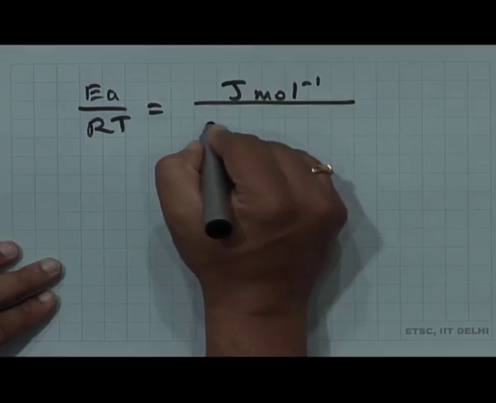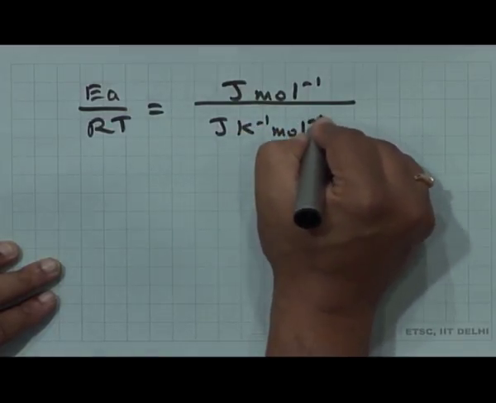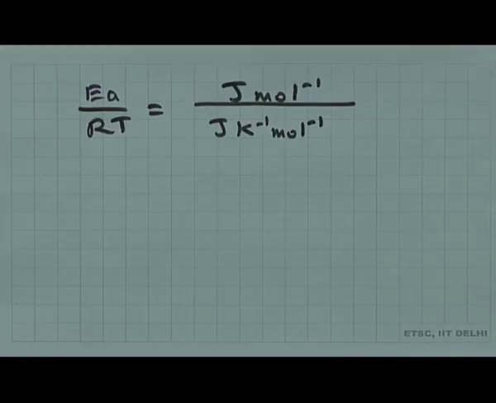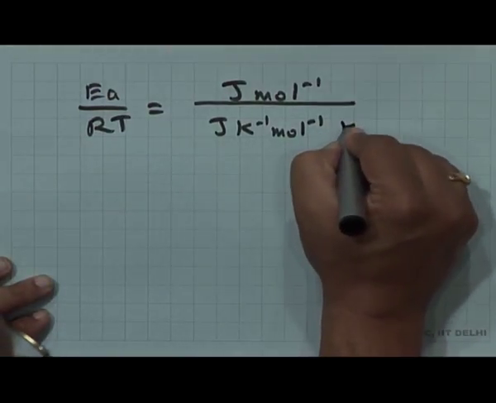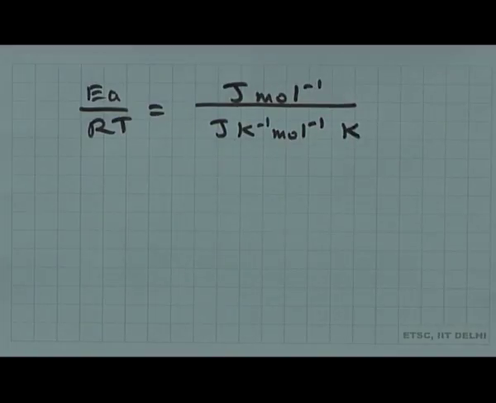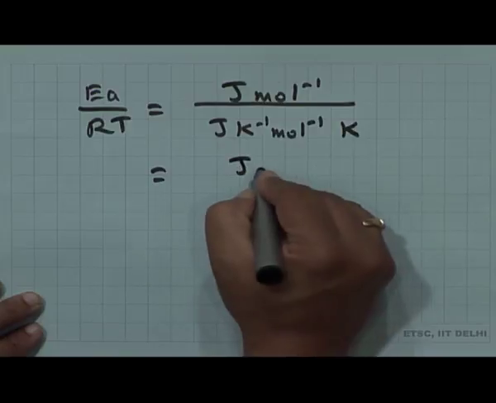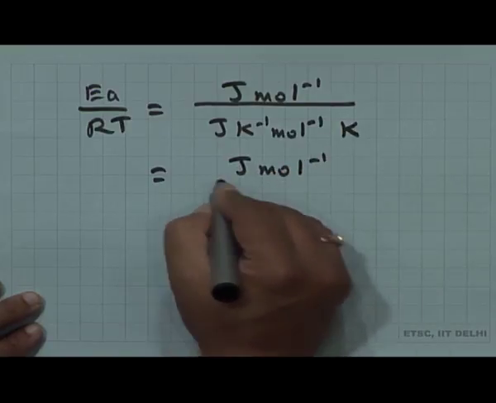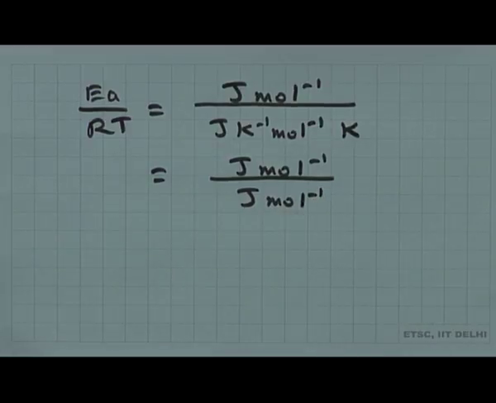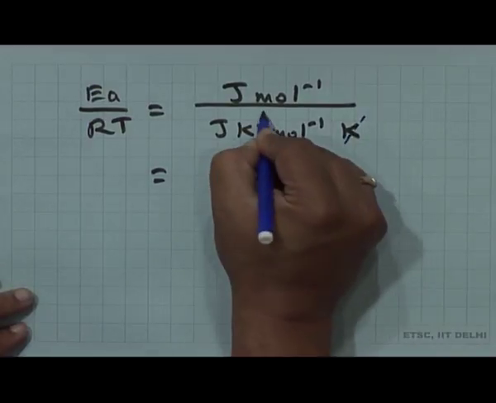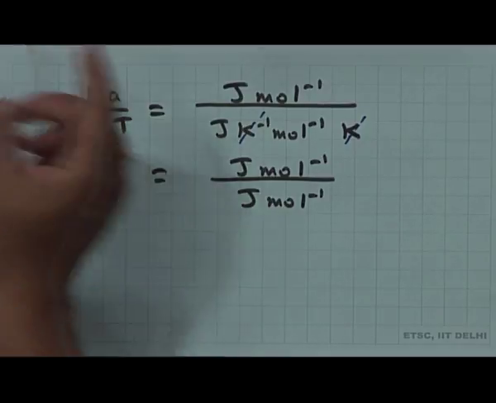Then I have R, which has the units of joule per mole per Kelvin, and then I have K, and the moment I do this, you have understood what has happened. The Kelvin gets cancelled out, and then the other units also get cancelled out.